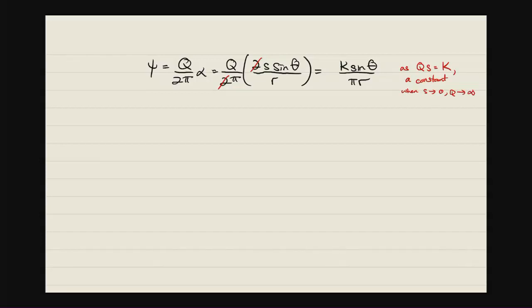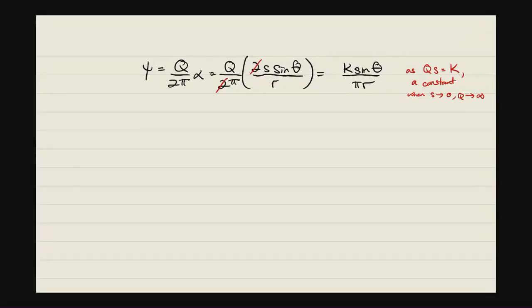Okay. Right, so this is your stream function in cylindrical coordinates, and I can rewrite it in Cartesian coordinates as well.